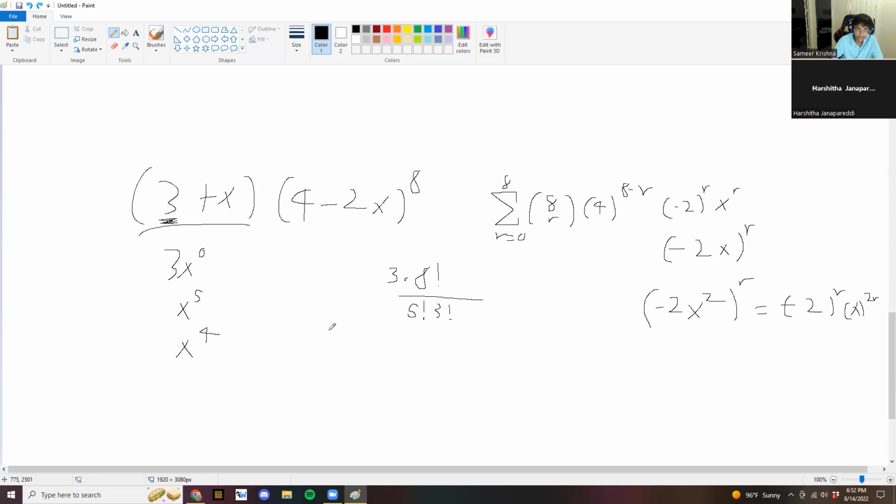Because let's say that when you plug in 5 for r equals 5, the coefficient is equal to 20x to the power of 5. Well, 60 in this case because of the 3. So let's just say it's 60.